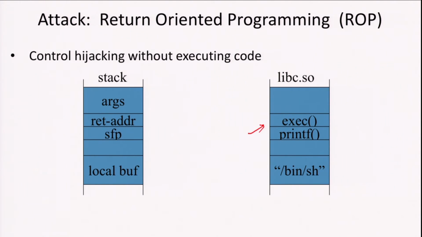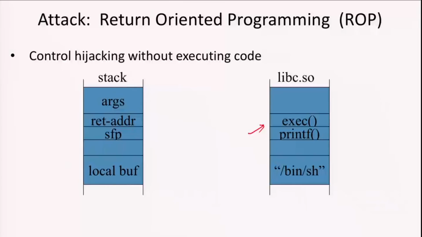So you basically take various functions that are already part of your own code or in the dynamically linked library or statically linked library, and you know the location of that code in the memory, and for that you have to do some experiments with the particular architecture and operating system and so on, and you figure that out, and then you basically do something like this.